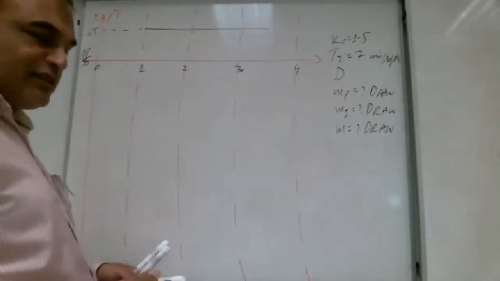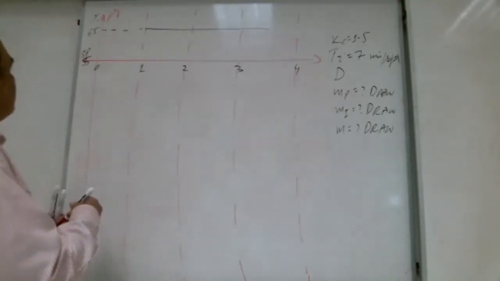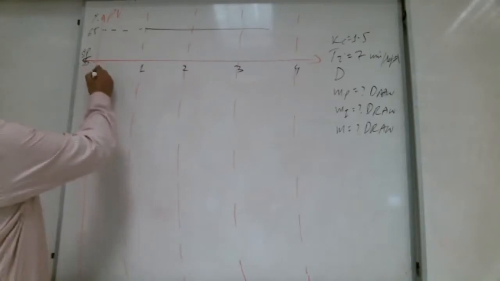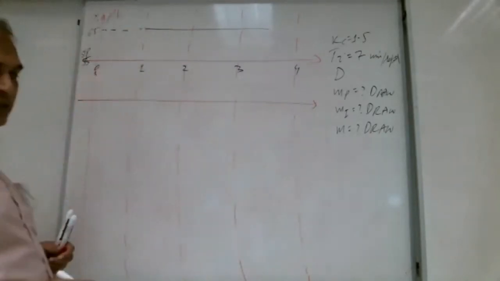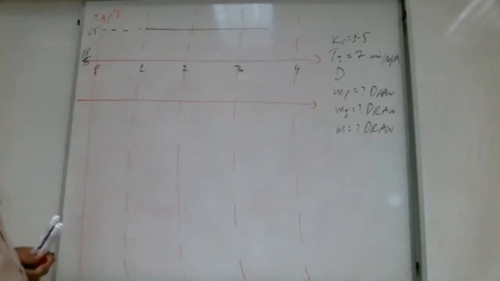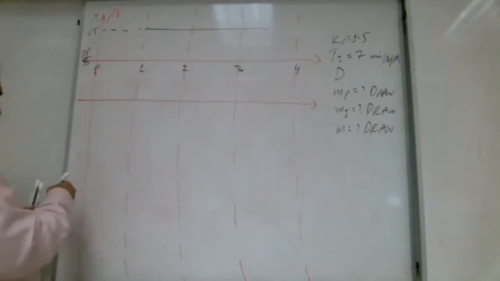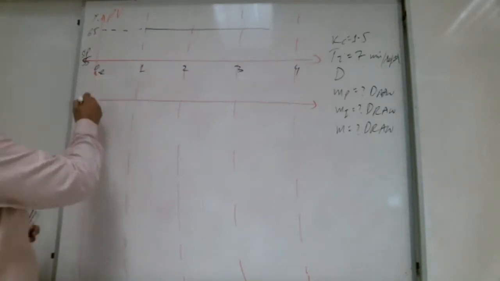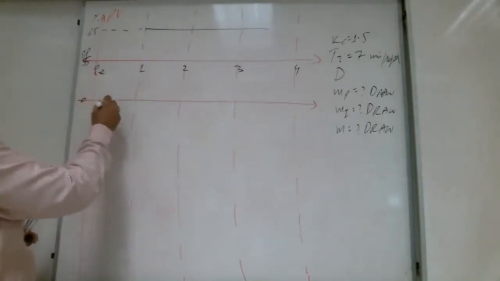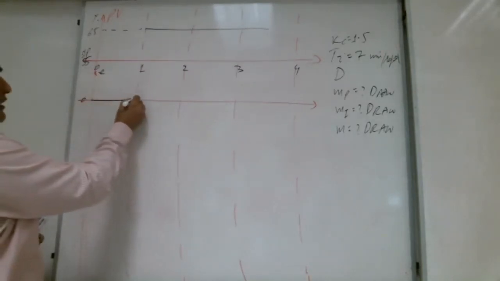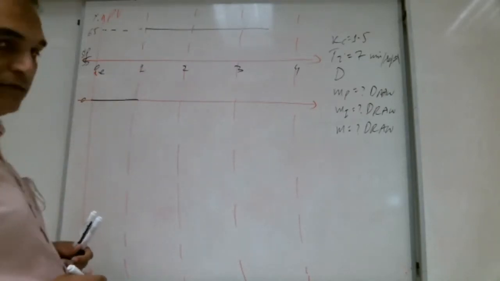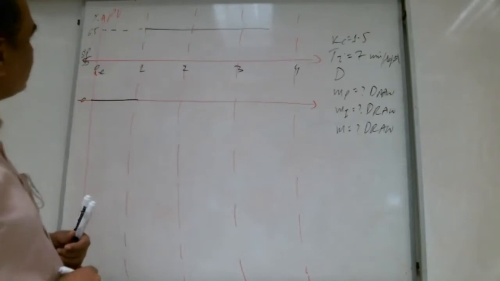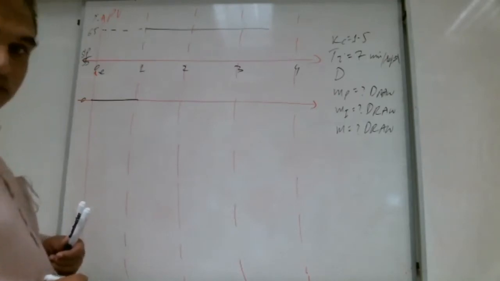Okay, Shabab, we need to draw. What is the first step we need to do? The error. Find the error. Very good. Okay, Shabab, from 0 to 1, what is the error? 0. From 0 to 1, error is 0. At 1, what is the error? 10. Yes, Shabab, what is the error? 10.